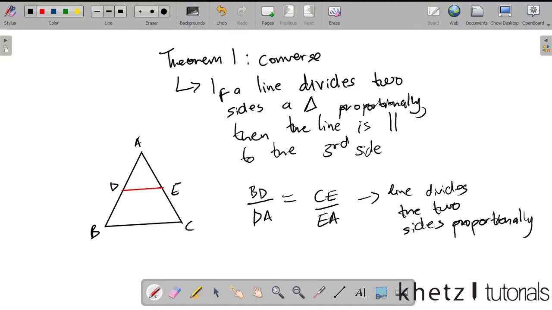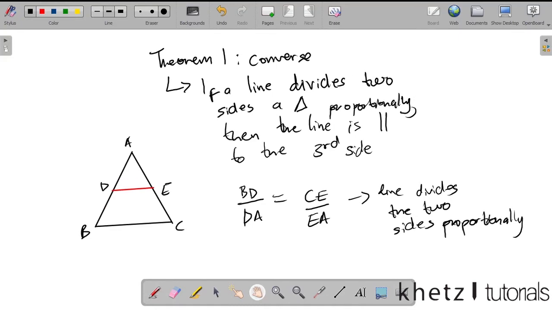We haven't proved the theorem, or really explained it. This is one part of the theorem.